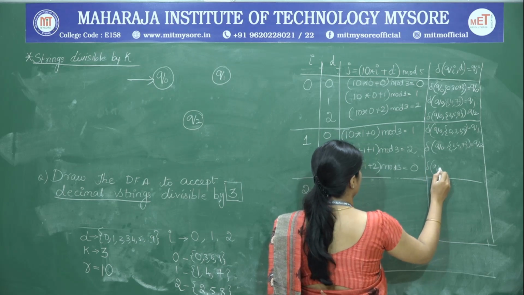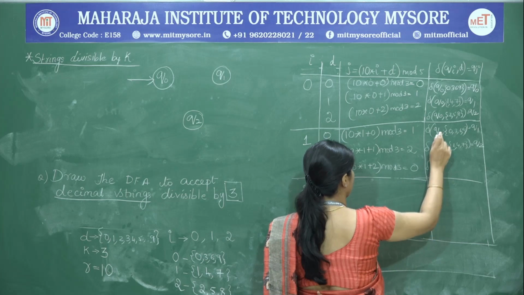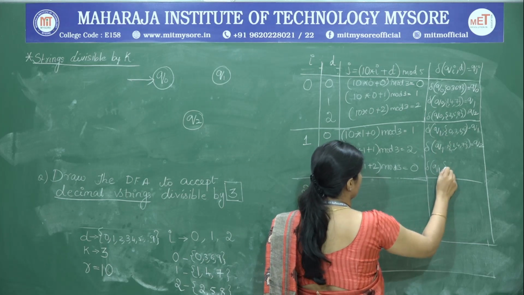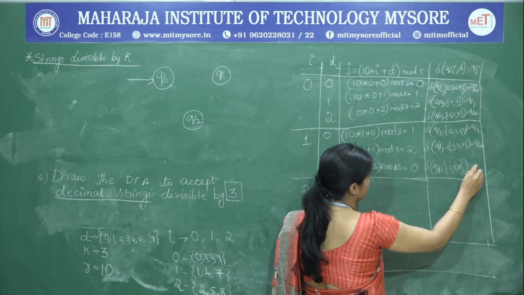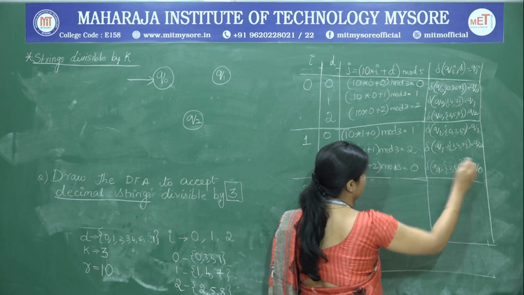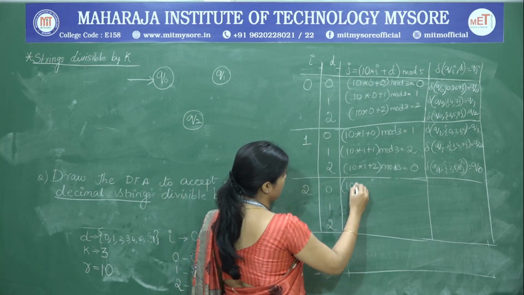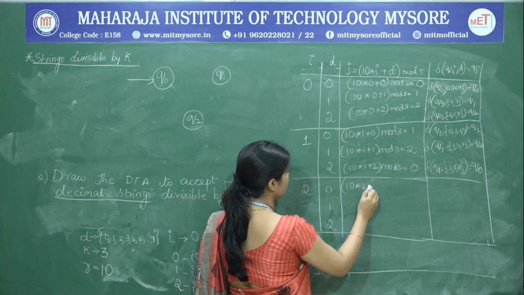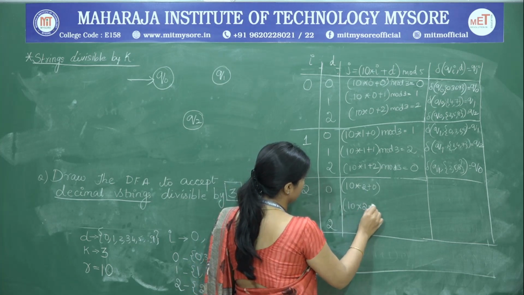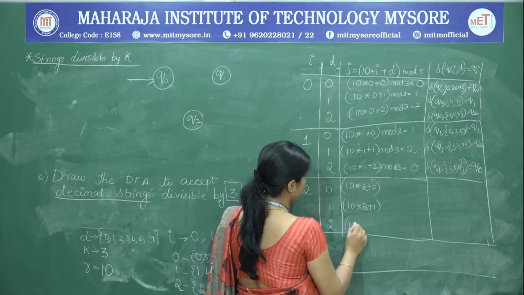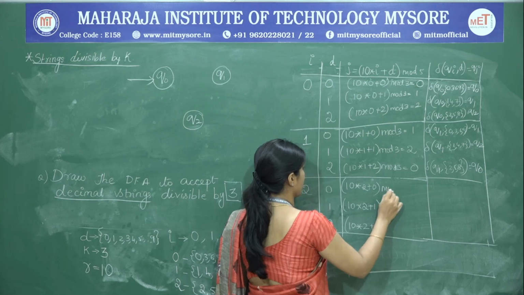Delta of q1, and this has to be q1 and not q0, on 2, 5 and 8 goes to q0. Similarly, 10 multiplied by 2 plus 0. Next we have 10 multiplied by 2 plus 1. Then we have 10 multiplied by 2 plus 2. We take mod 3.